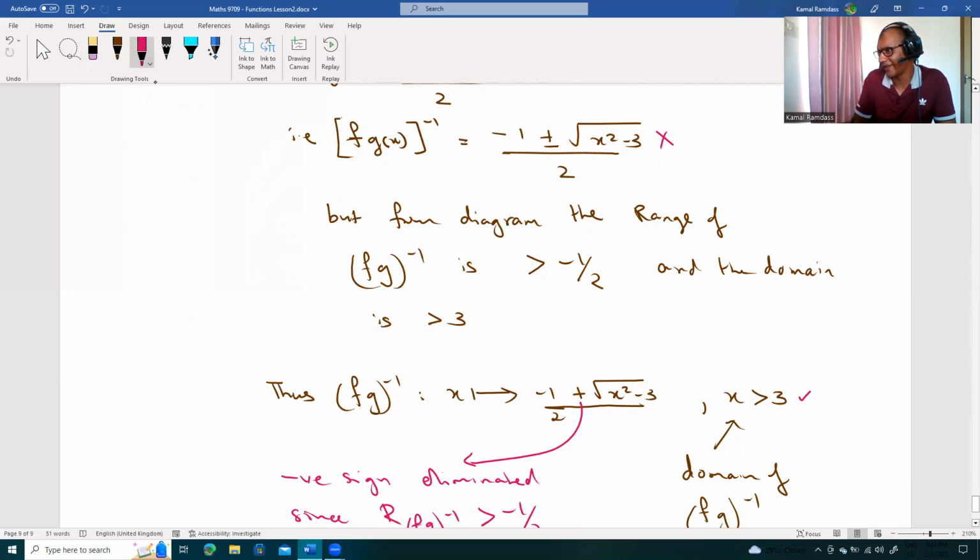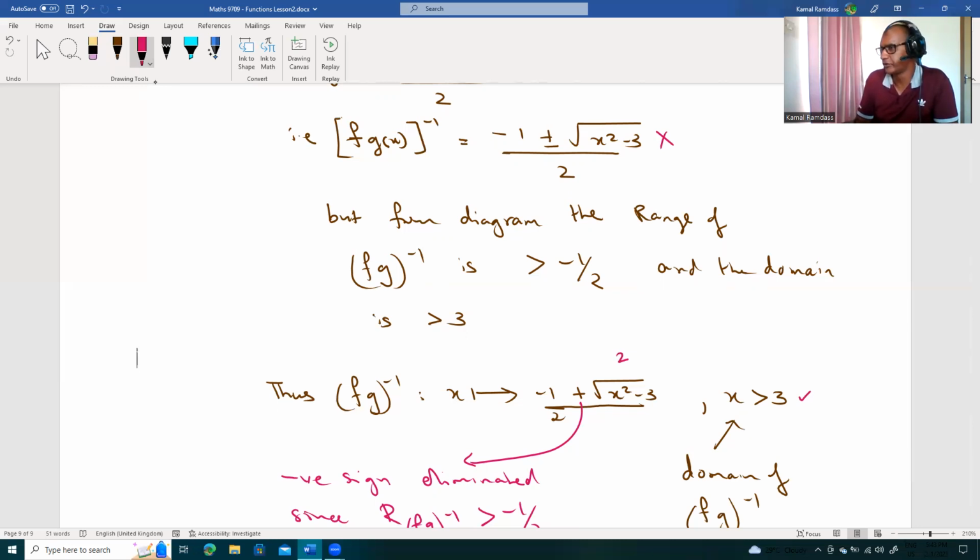Allons dire, x is equal to 7? No. X greater than 3. Allez, x is equal to 2.